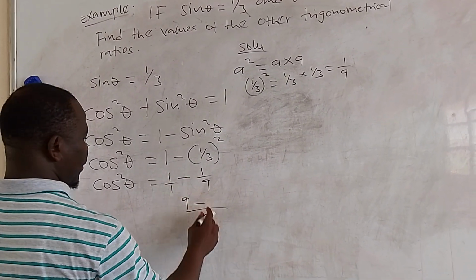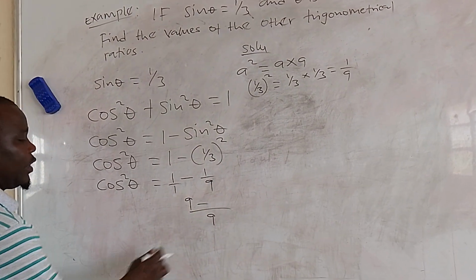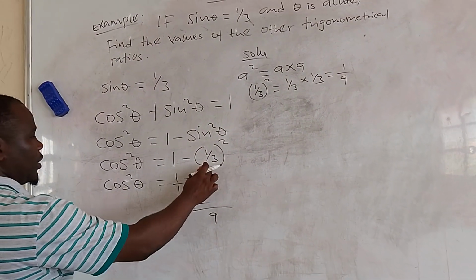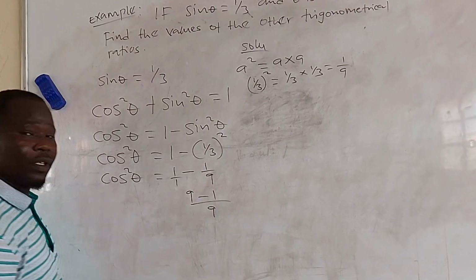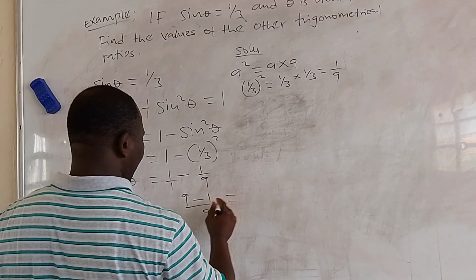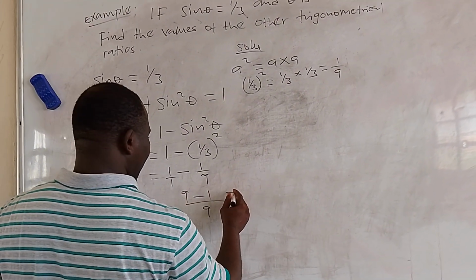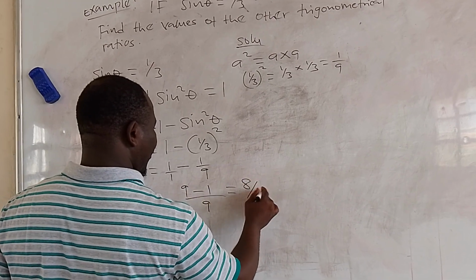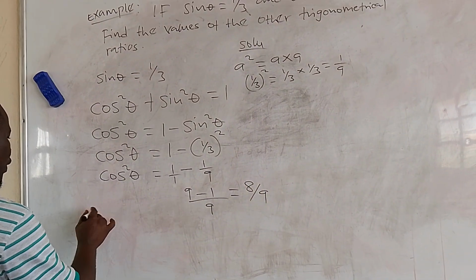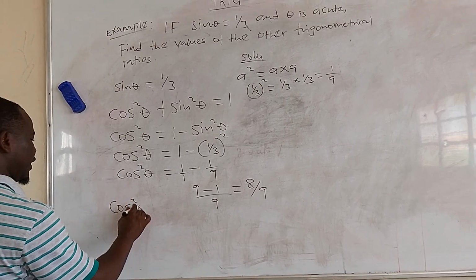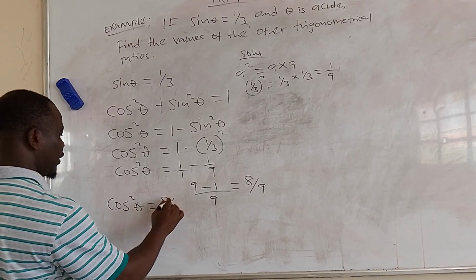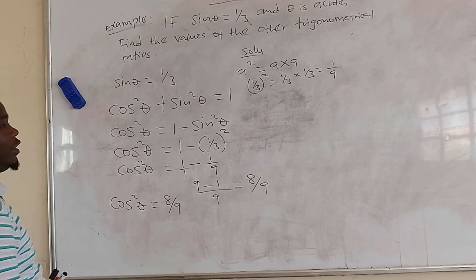Minus, 9 divided by 9 is 1, 1 times 1 is 1. So this is equal to 9 minus 1, which is 8 over 9. So our cos square theta is equal to 8 over 9. Are you following?